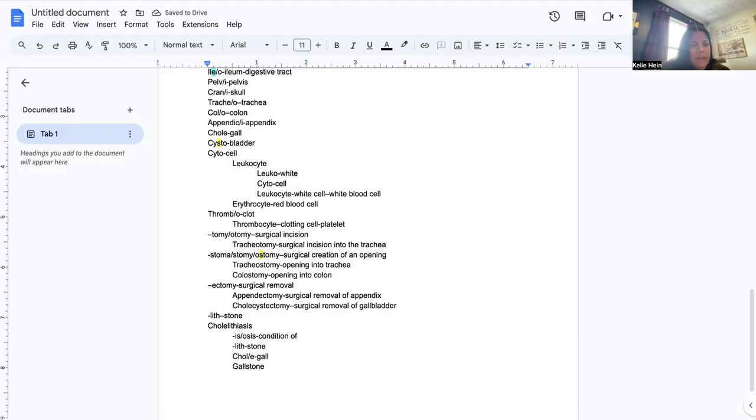Let's see. What else do we have for suffixes that I want to do with you guys? Oma. Oma, abnormal growth or a tumor. Okay.